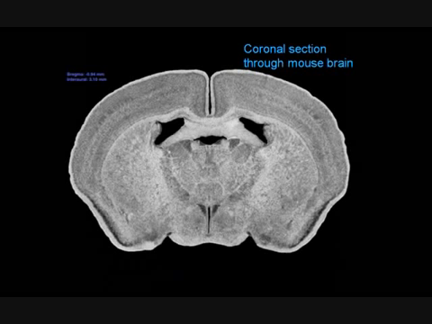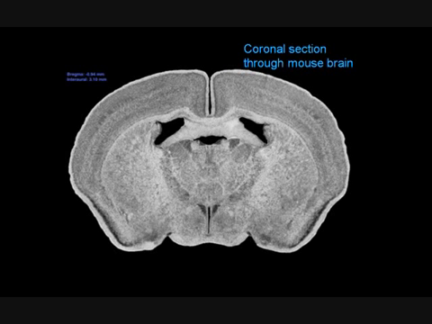So this is a picture from a brain atlas for a mouse, and this is a coronal section, and this would be the middle of the brain, so this is midline, and this whole block is considered the hypothalamus. There are cells that populate what's called the supraoptic nucleus, and this brain region is important for maintenance of blood pressure.